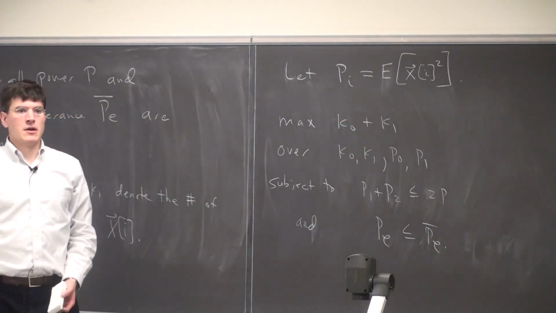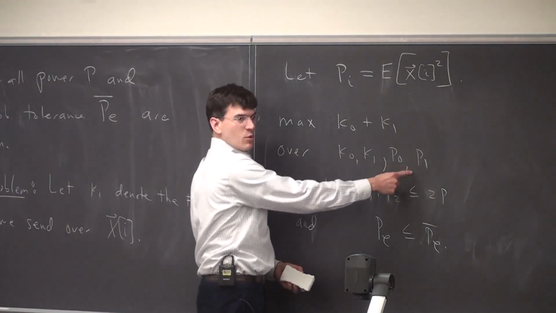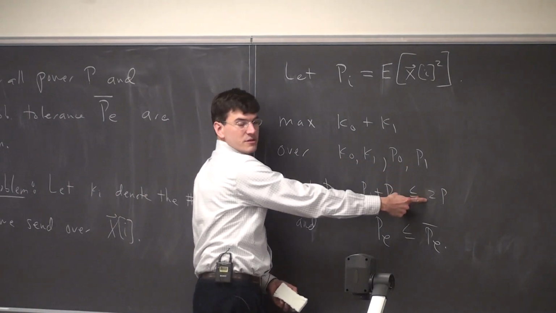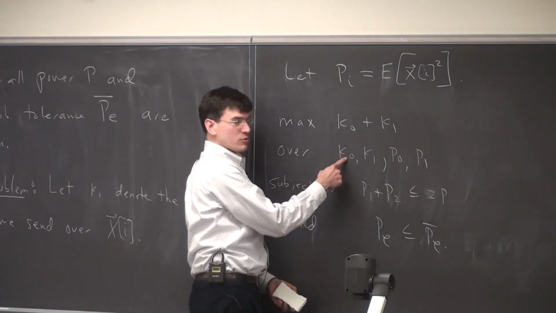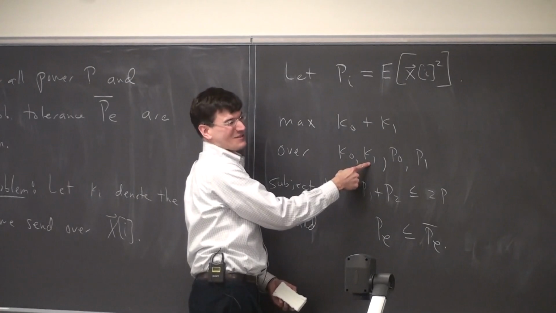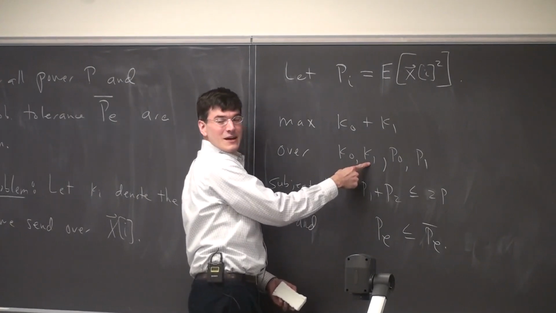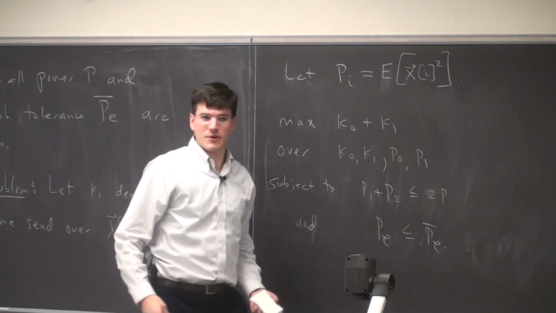So any choice of K0, K1, P0, and P1 that satisfies these constraints uses no more than the total allotted power. And the error probability of the system, when you use 2 to the K0-ary PAM on the 0 sample and 2 to the K1-ary PAM on the first sample, should be no more than P_E bar.